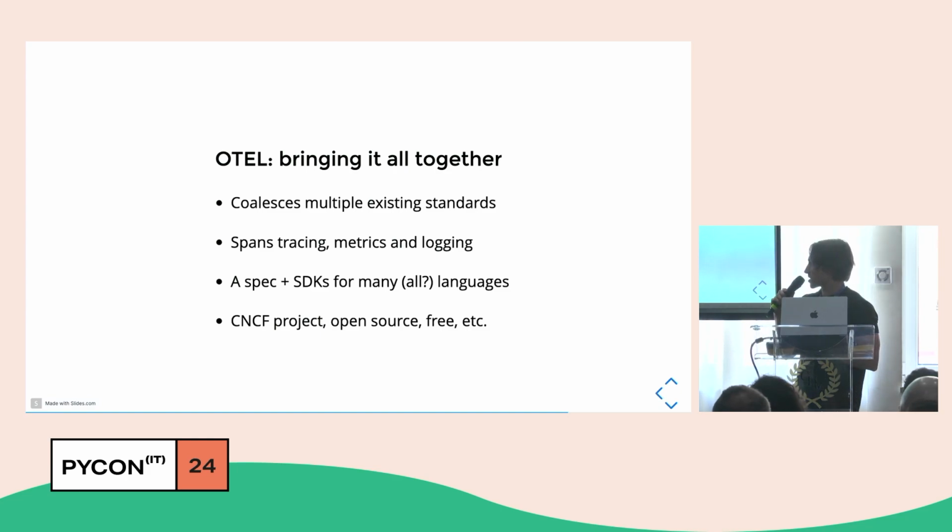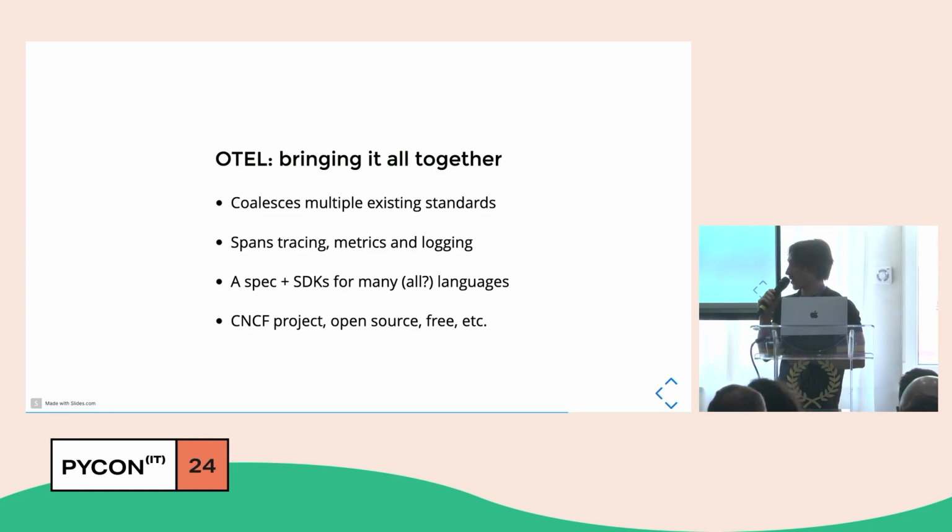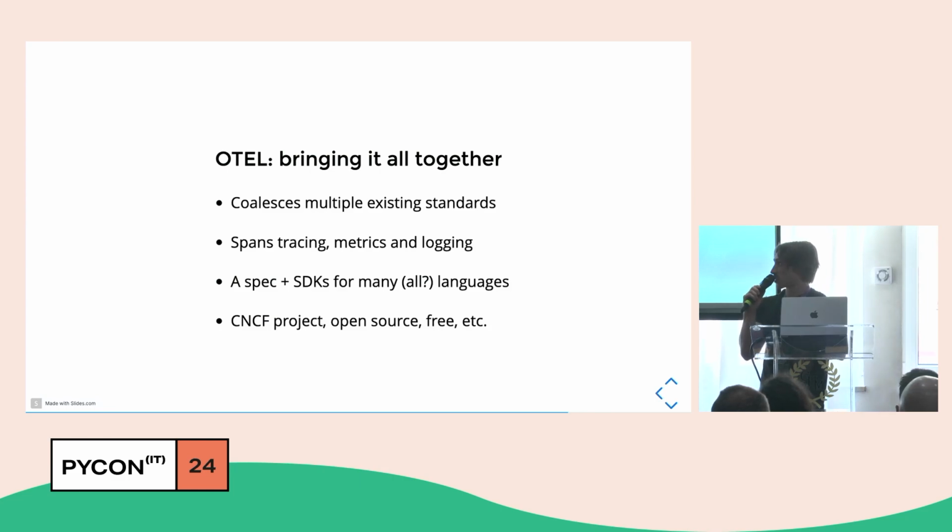What it really is, is a spec so that everyone can agree on what to call these things and on the structure of the data. Practically, it's SDKs and implementations for many different languages, web frameworks, database drivers, all these sorts of things. It's a CNCF project, it's open source, and it's maintained by a lot of big companies, including observability platforms like Datadog. It's a really cool project.